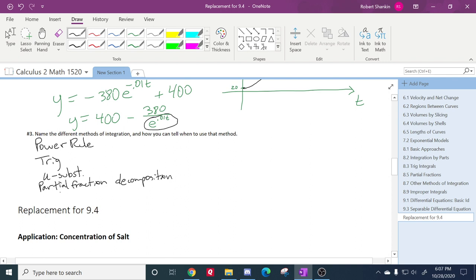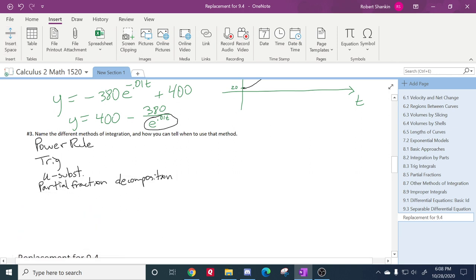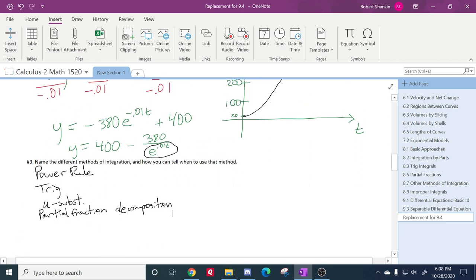And then the one we did last class, which I forget the name of. What was the name of the one we did last class with x and y? Separable? Yeah, separable. Okay. Now that's in the context of solving a differential equation. It is another method of integration.